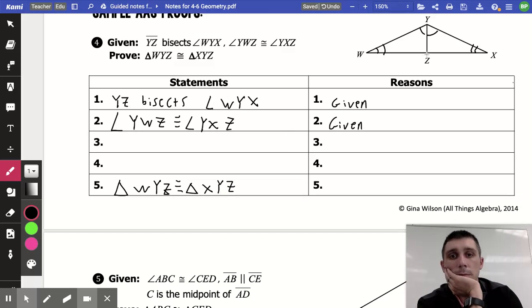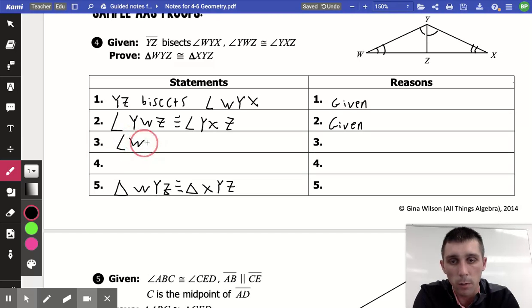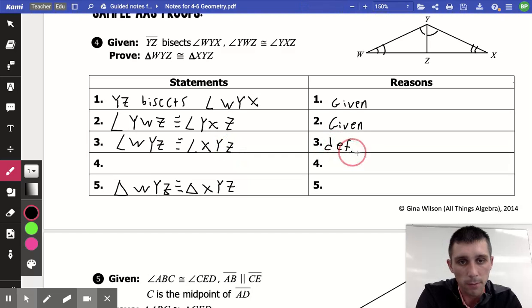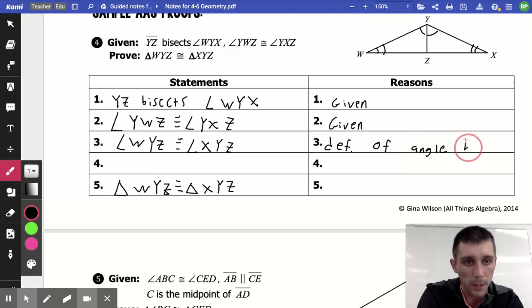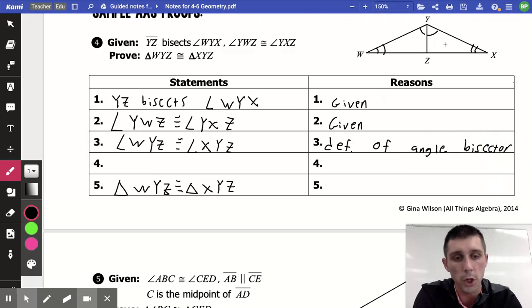Now, if YZ bisects these, what are the two new angles created? Angle WYZ would be congruent to angle XYZ. By what reasoning? Definition of angle bisector. Cuts it in half. Now, do we have a shared side in these two triangles?